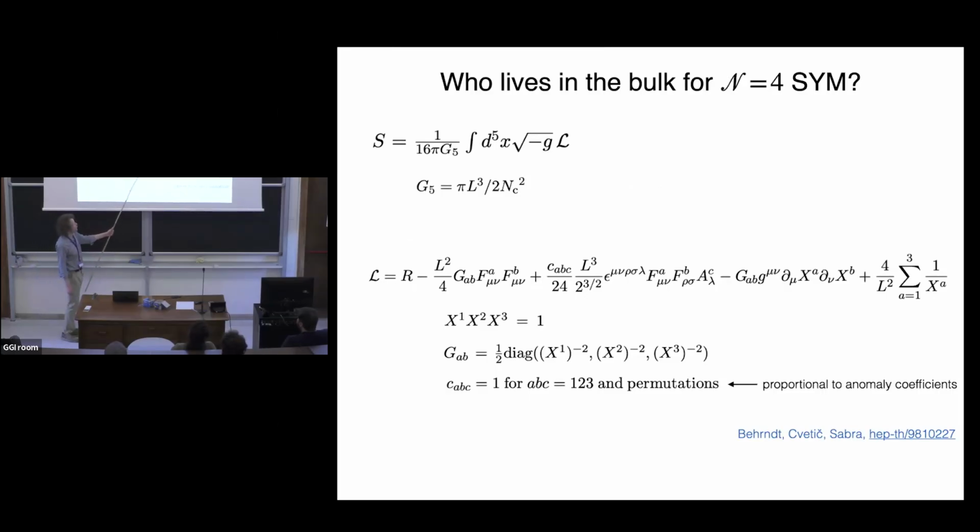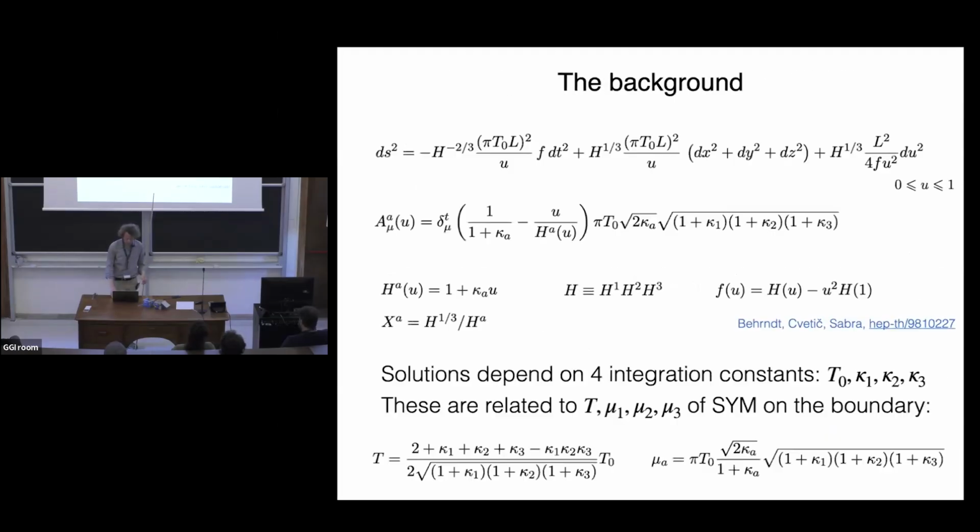There's a Chern-Simons term required by the string theoretic construction, and there are three scalar fields, capital X, and some potential for the scalar fields. These are the so-called STU black holes that people worked out in the late 90s as a reduction of supergravity that is relevant for N=4 super Yang-Mills theory.